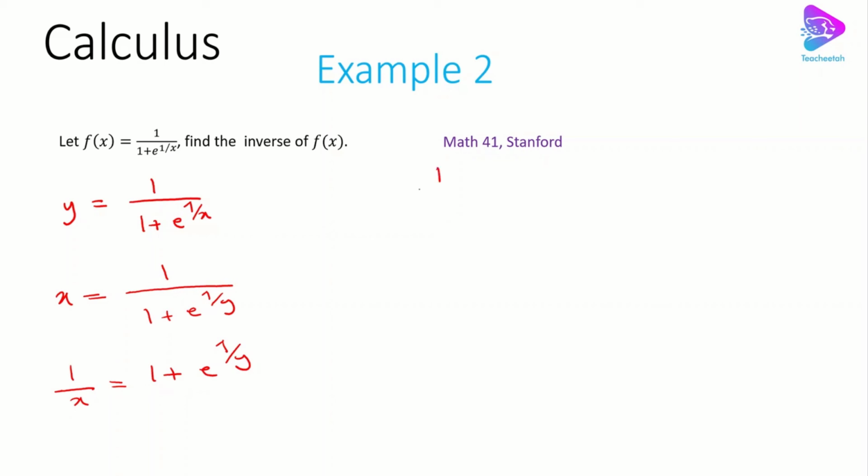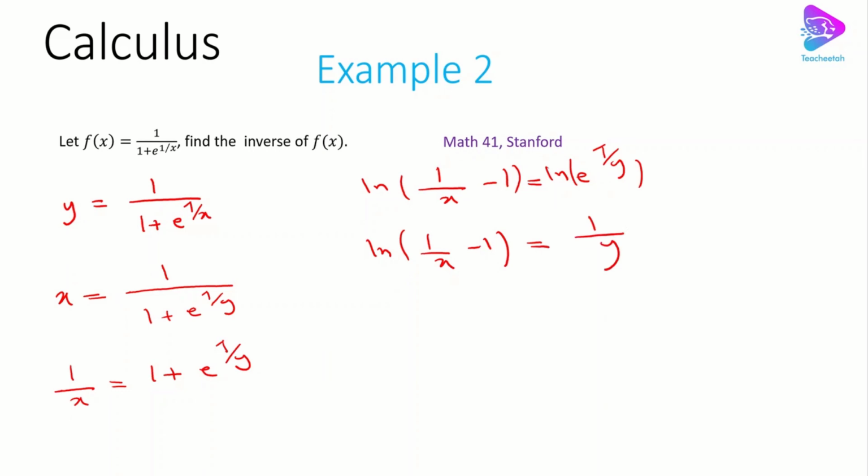So we can write 1 over x minus 1 equals e to the power of 1 over y, and taking the natural log of both sides, ln and ln, would give us ln of 1 over x minus 1, and the other side is going to be 1 over y.